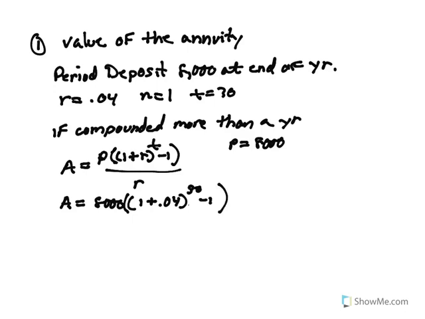Okay, here we go. I'm assuming you know how to handle these calculations. You do 1 plus 0.04, you get 1.04. You raise that to the 30th power, and then you subtract 1. You get a number and you multiply it by 8,000.